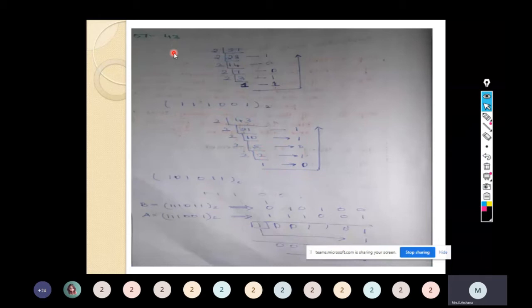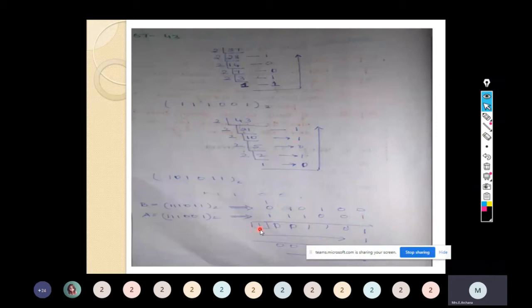So for B, 43, we have to take the one's complement. This 101011 has the one's complement value 010100. This is added with A. What is A? 111001. If we add with A, we get a carry.